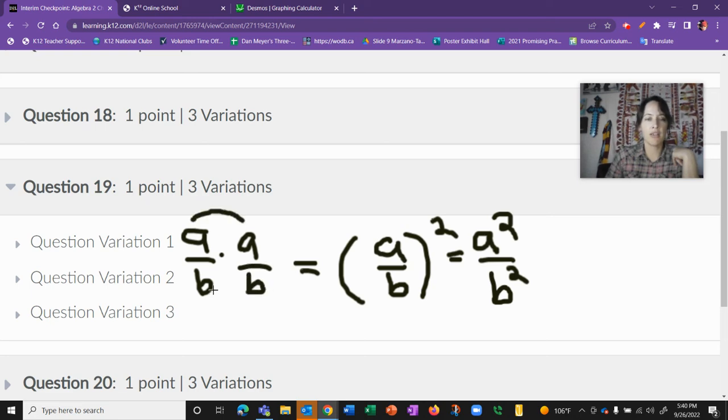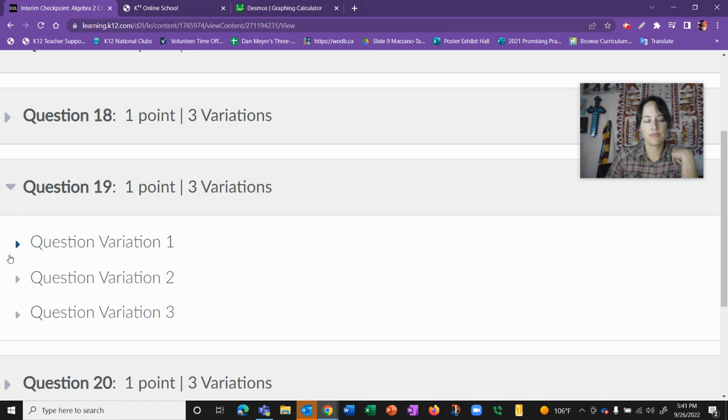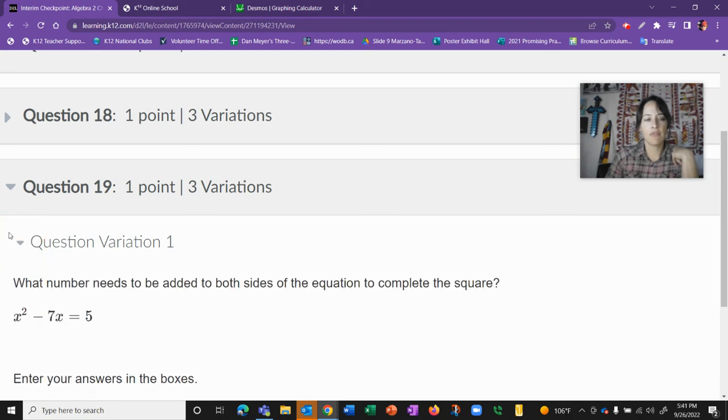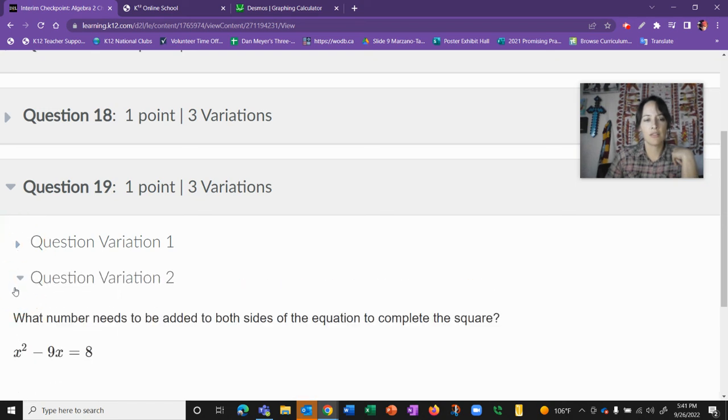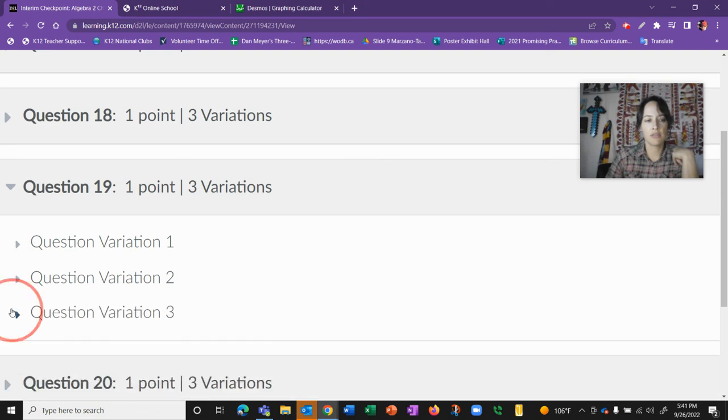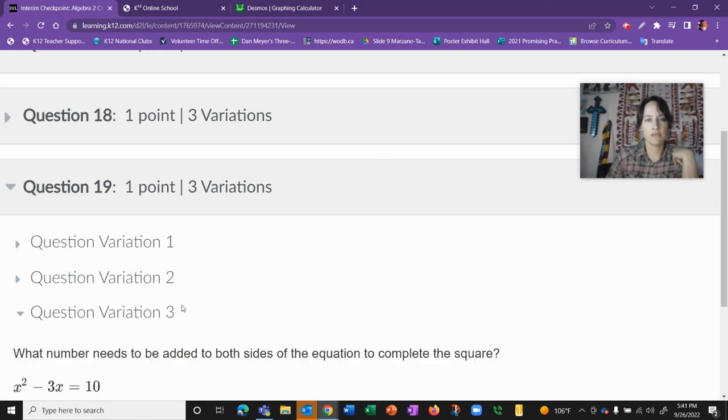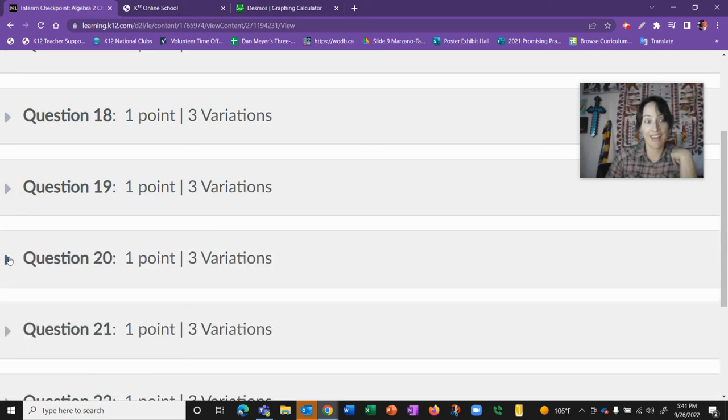A times a, b times b. So, again, be careful. It's also a negative symbol, but what happens when you square a negative, a negative times negative?